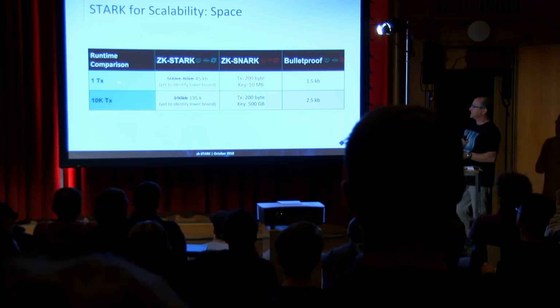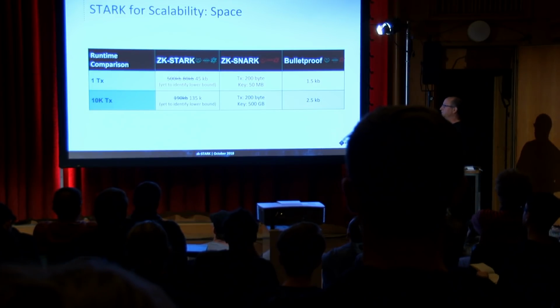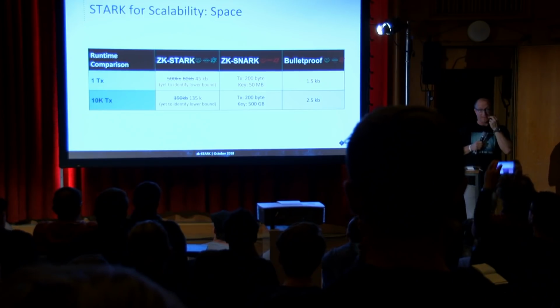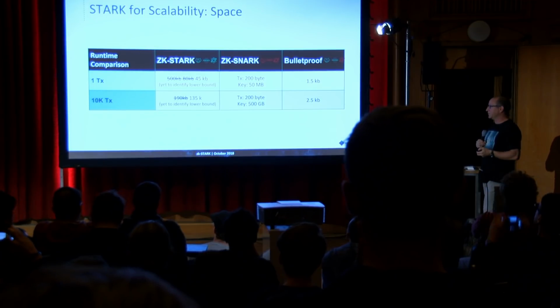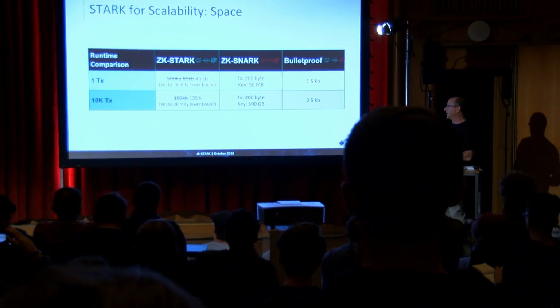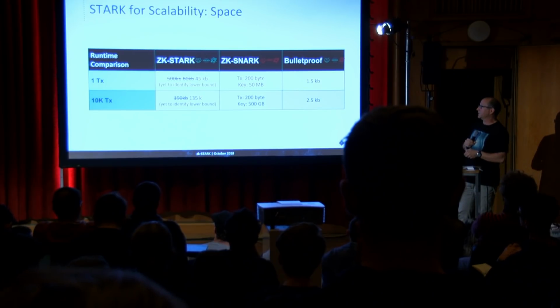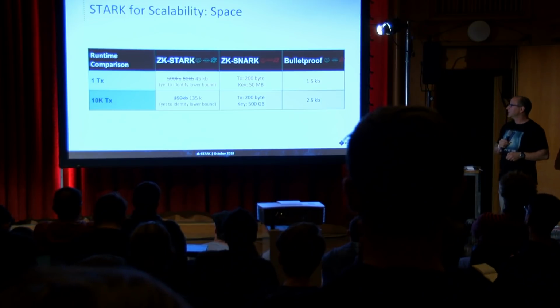That's for a single transaction. But we talked about how scalability works very well in a Stark. If you were to batch and create a proof for 10,000 transactions, which is completely doable on a standard computer, and that's where we're heading, it would only be 135 kilobytes or 3x greater than this, even though you increase the payload size by a factor of 10,000.